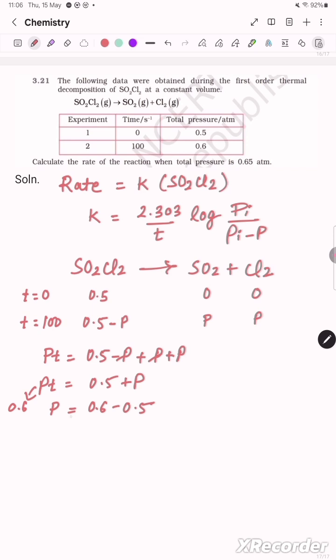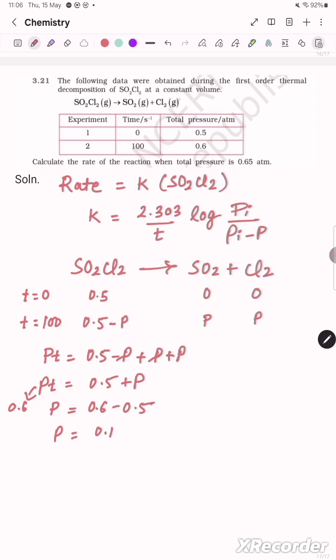You should note that it is 0.6 because at time 100 seconds total pressure is 0.6. So P becomes 0.1.